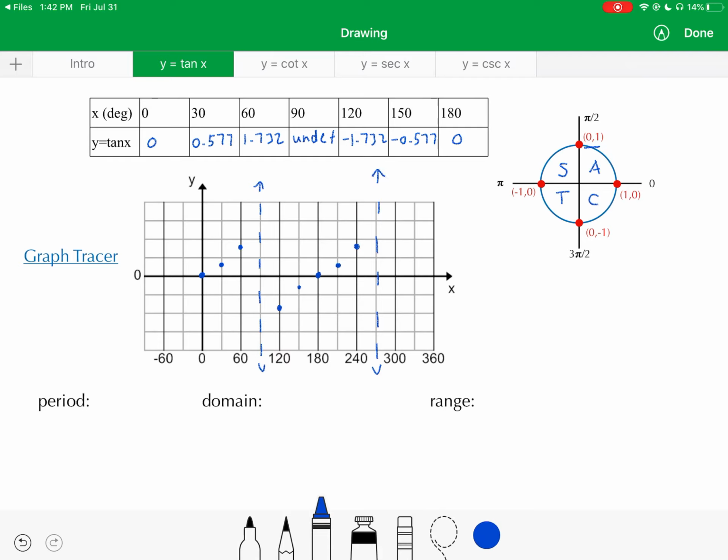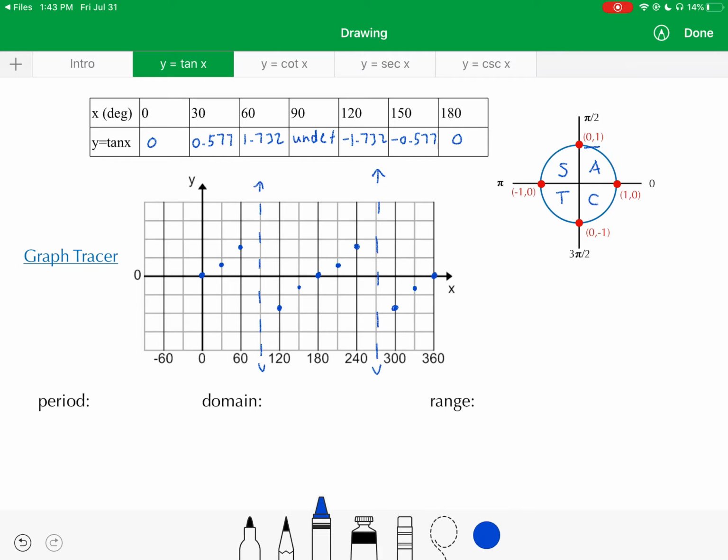When I move past that asymptote into the fourth quadrant, tangent is negative once again. So at 300 degrees, I should be at negative 1.732, and at 330 degrees, negative 0.577. And then at 360 degrees, I'm back to 0.